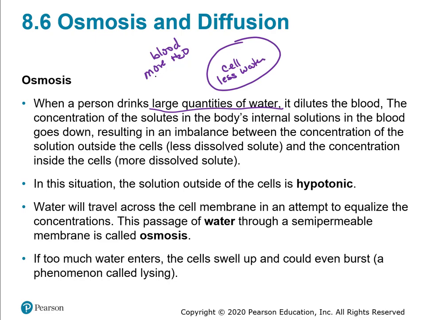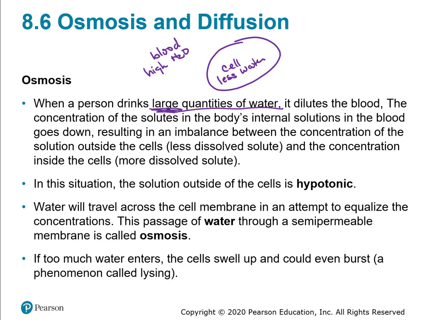See how there's more water here? So you could think this is a high concentration of water now in the blood, and a low concentration inside, because this person just drank a lot of water. So you sit and drink an entire liter of water in 5 minutes. All that water is going to get absorbed through the lining of the GI tract, like your mouth and stomach, and that can dilute the blood.